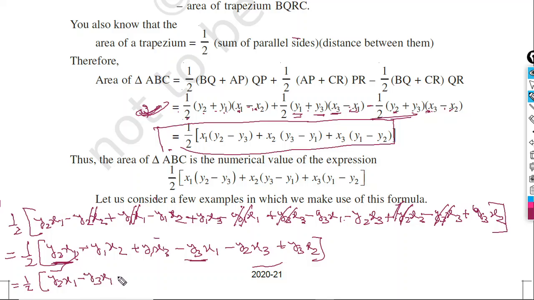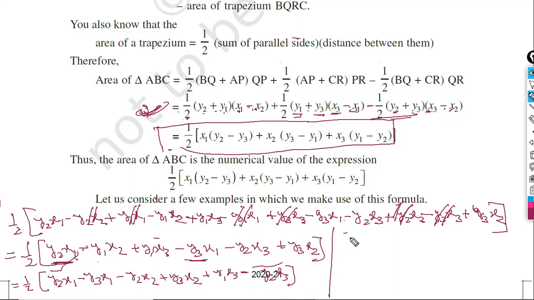Then we will bring all x2 together, like this one, minus y1 x2 and plus y3 x2, and all x3 together, plus y1 x3 minus y2 x3. Now here we will calculate.